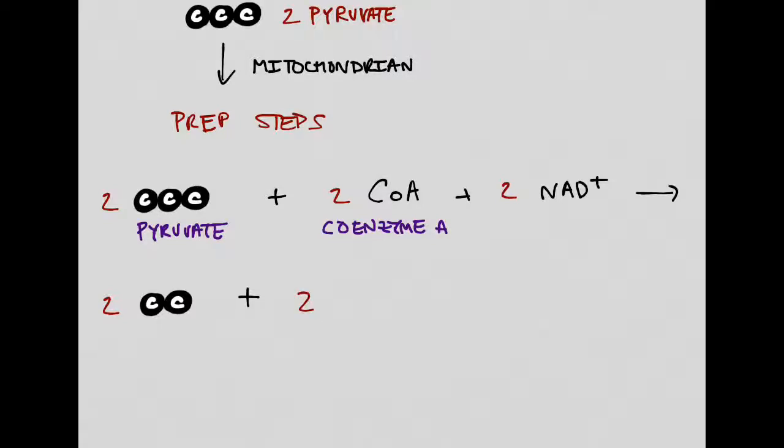So you wonder where the other carbons went. Well, it's broken off of the pyruvate molecule and released as CO2. And then in the process, we also give 2 NAD+ high energy electrons, and they become NADH.